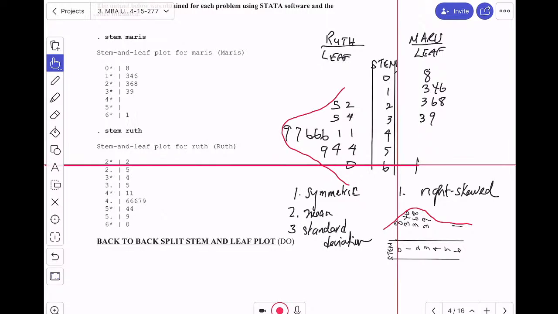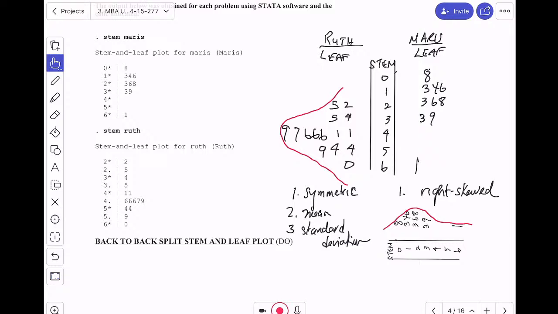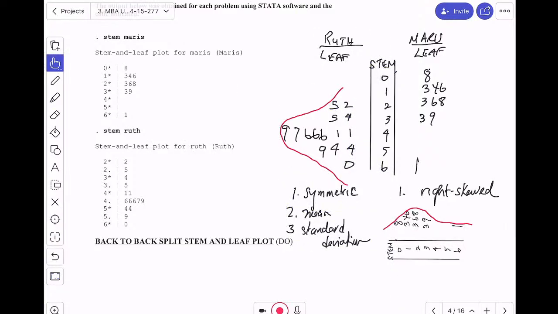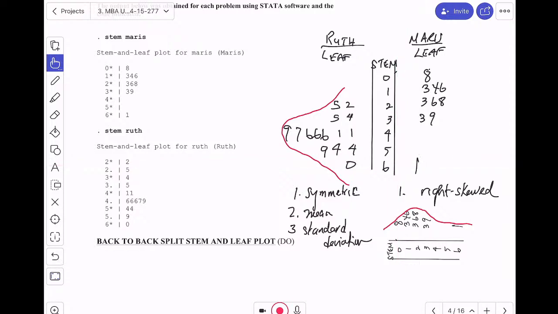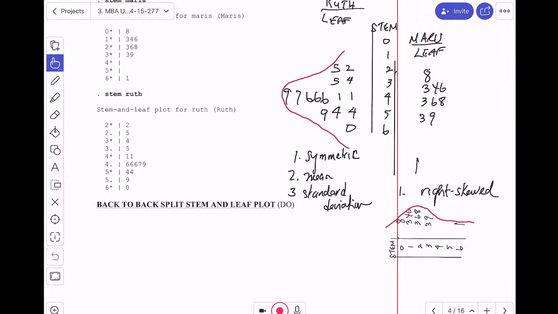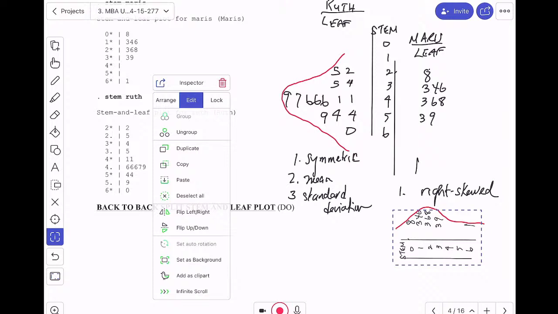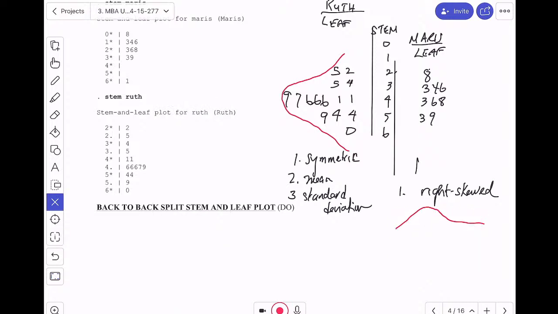Let's see if I can. Yeah, everything is split up. So I'm going to erase this.